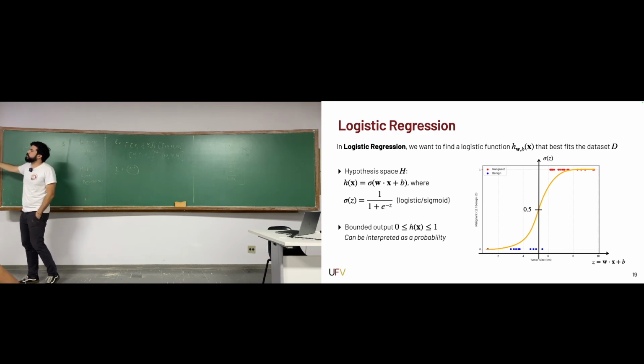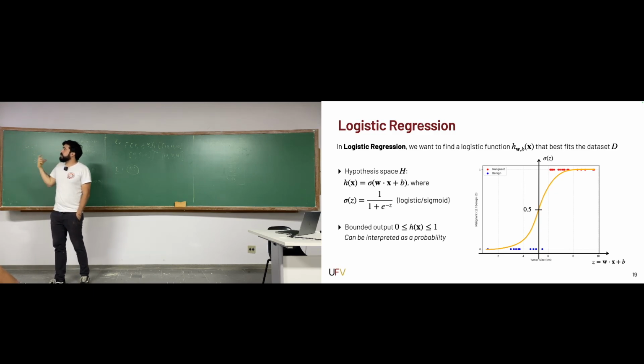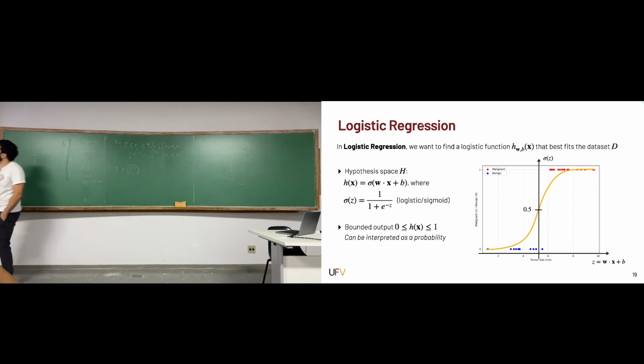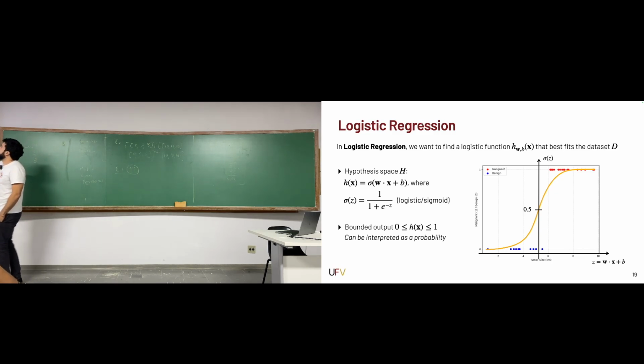And now, similarly to linear regression, we still want to find a function, but now we want to find a logistic function, which looks like this. It has this S shape. And I'm going to talk a little bit about it in a minute. But now my hypothesis space is the space of logistic functions.